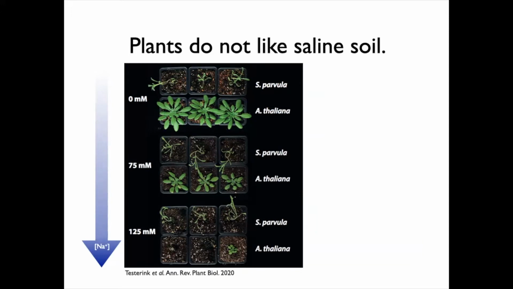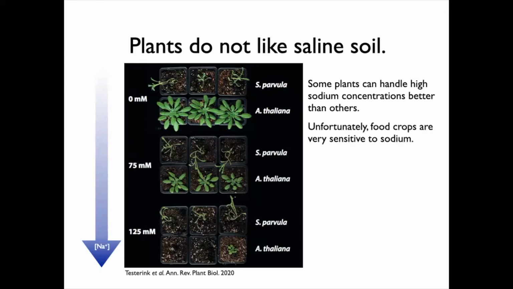To point out this plant, this Parvula plant, it's actually a halophyte. It likes sodium, so it thrives on sodium-rich soil. That indicates that some plants can handle high concentrations of sodium, better than others. But unfortunately, most plants do not like saline soil, and food crops in particular are very sensitive to this.